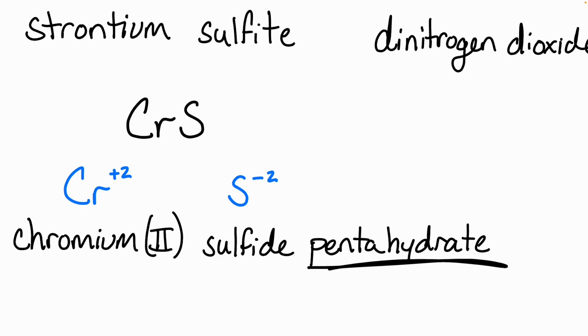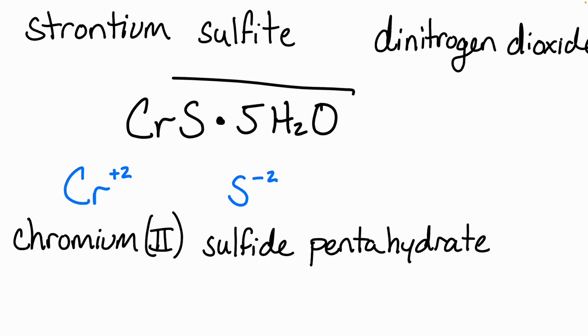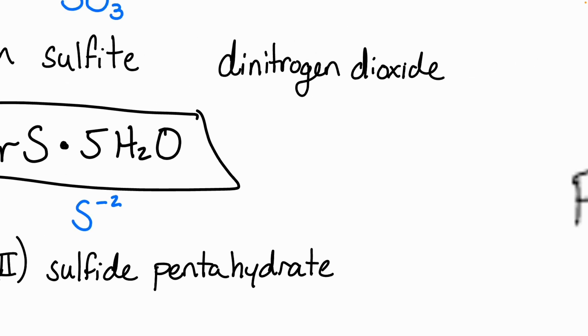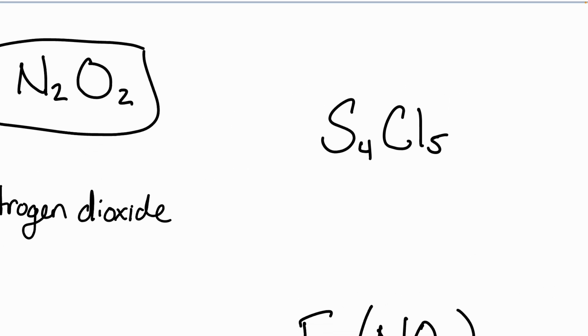What about this part? What does that mean? 5H2O. Yeah, that was the whole point of that example. My bad. All right, so yes, chromium sulfide pentahydrate, so CrS·5H2O. Okay.